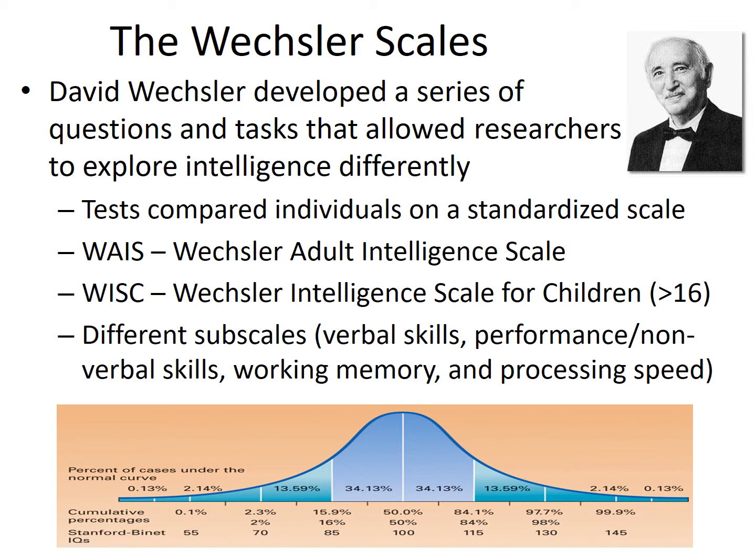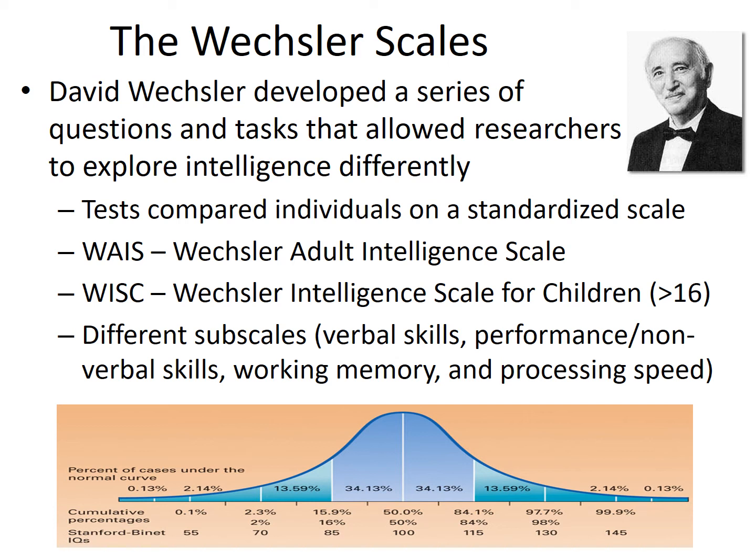And to make this even more robust, Wechsler added to some of the original intelligence tests and tools that had been developed by Terman and Binet and Simon. He started looking at things like nonverbal skill abilities, memory capacity, and processing speed skills, which had a wide variety of really interesting tests that had never been thought of before.